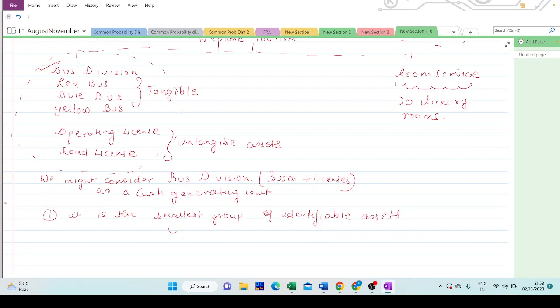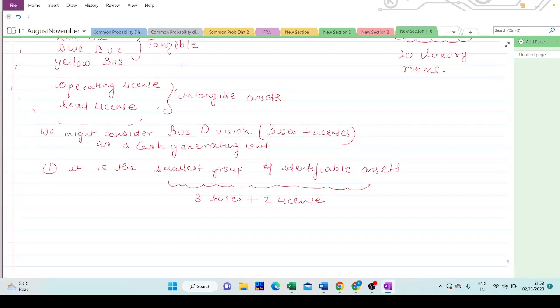Now in our example, the identifiable assets are these three buses plus two licenses. The second part of the definition says that these assets should be able to generate cash independently.